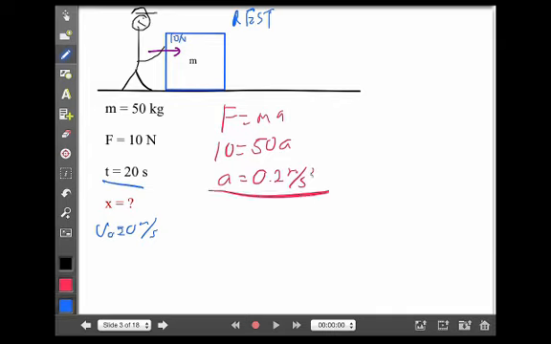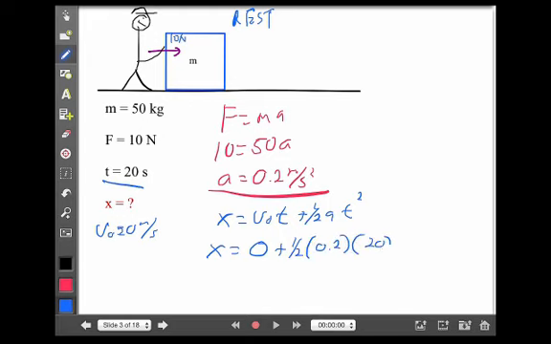Now that I know that, along with time and initial velocity, I can go back to my motion equations using my displacement equation. Starting from rest, I know my acceleration for 20 seconds. And now I know that I can move this 40 meters, or a person can move this 40 meters in that 20 seconds. Not too bad, isn't it?